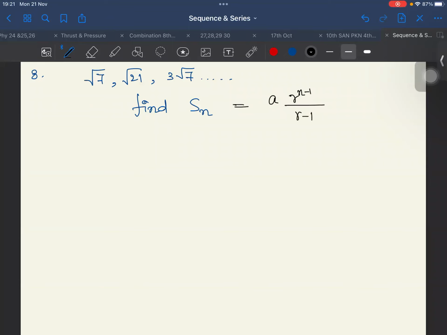Is this? Yes, sir. Okay. Anyone else? Shreya: A into R power n minus 1 by R minus 1. Who is this? Srinidhi. Anyone else?